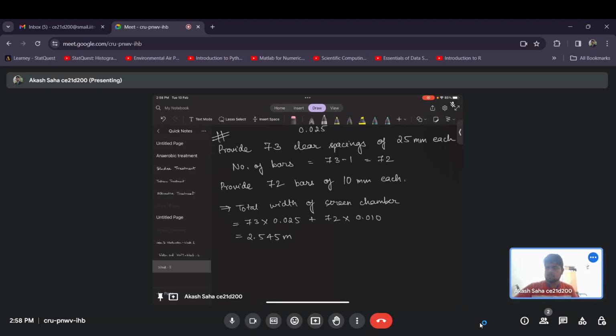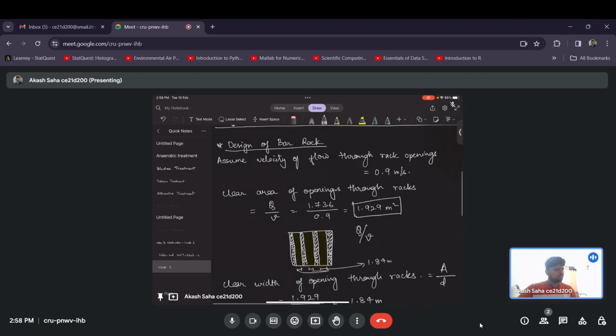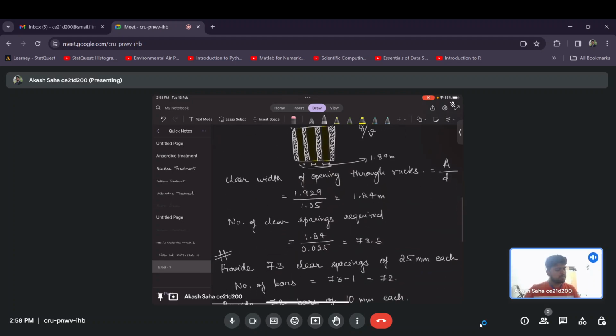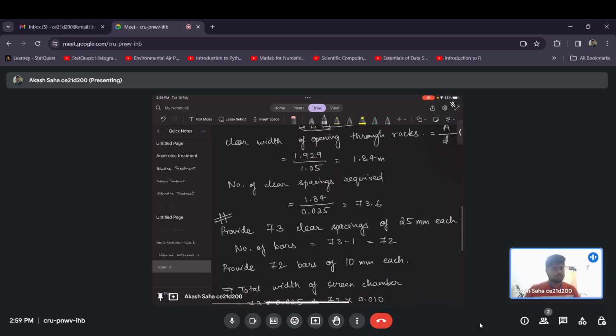Pretty simple. I will just quickly go through it. First we assume the velocity of flow through the rack opening at 0.9. Then we find the clear area of the openings: the clear area is Q by V. Then the clear width is my area by depth. Now the number of clear spacings is my clear width divided by the width of each spacing.